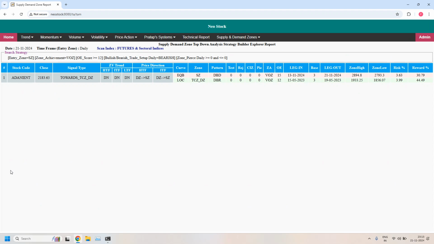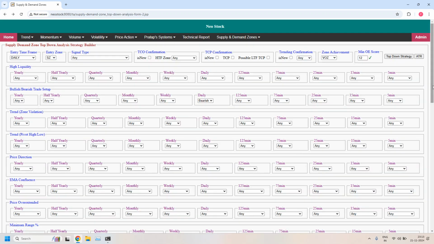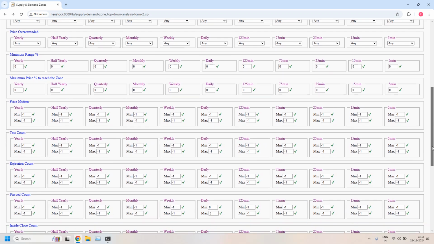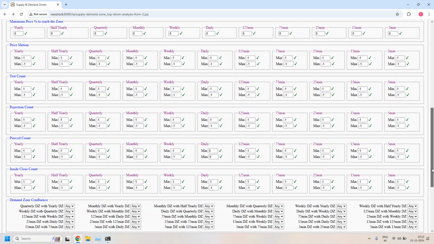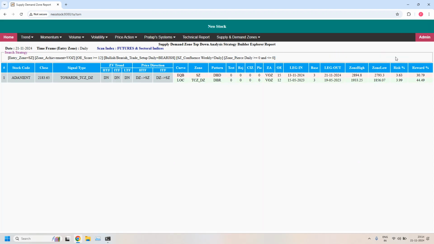Let's verify whether this stock is having LTF and ITF zone confluence. In the supply zone confluence, the daily supply zone with weekly supply zone confluence filter is enabled. Oh, this supply zone is part of the weekly supply zone, and currently the trend is a weekly downtrend.